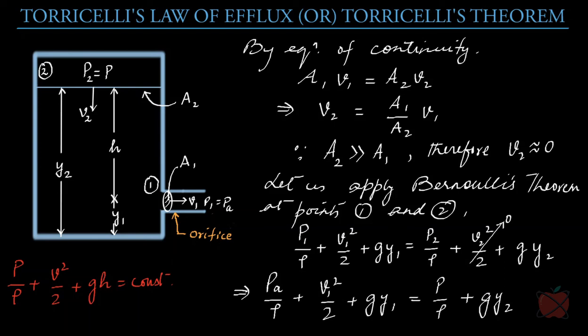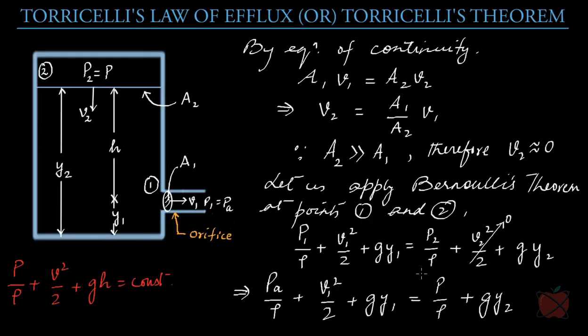Okay, let me take a new page. All right, so this implies, let me take this term and this term to the other side. So I will leave V1 square by 2 on the left side. So you have V1 square by 2.